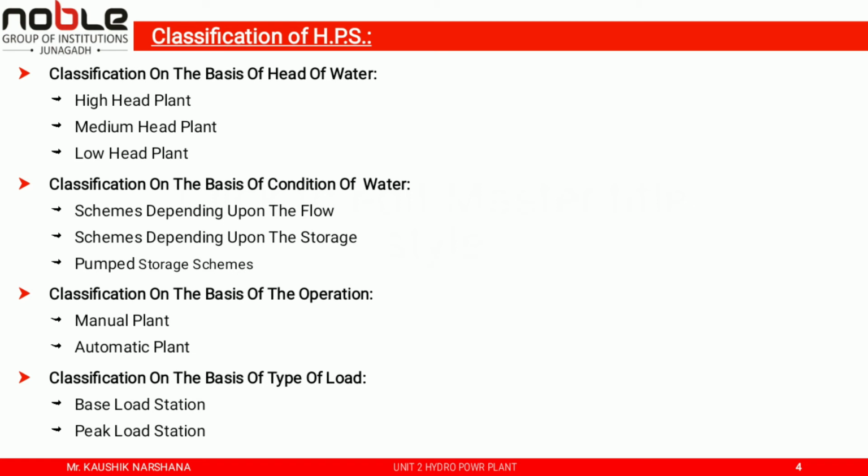The river runs 365 days for the base load station, and in such a power station there is sufficient water in the river throughout the year. In a peak load power station, during the evening period, a hydropower plant in which there is no sufficient water can be run as a peak load power station. Some units of a power station working on storage can also be used at the time of peak load.